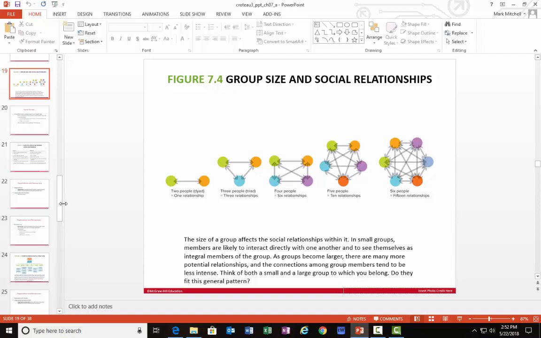Once groups get too big, conversations get harder to follow. For our purposes, a lot of places on campus really are no more than six. If you think of the cafeteria or some of the desks in class, they're even smaller than that, because conversations get a little harder to follow unless some different rules are applied.